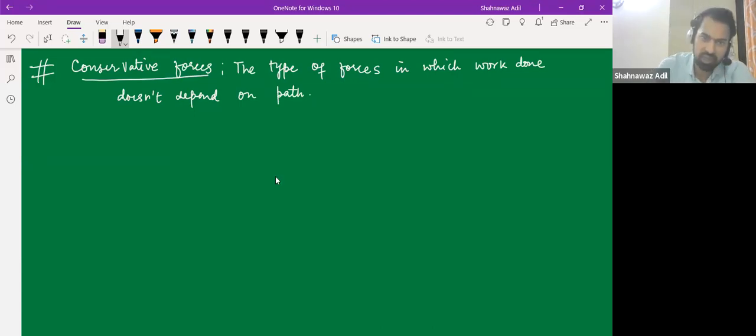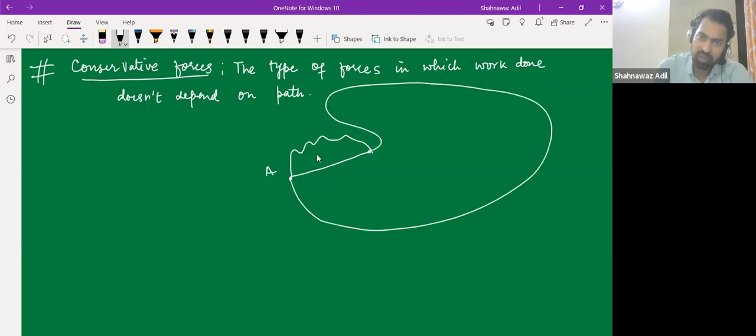Let's say we have two places, and we are moving the object from here to here along different routes. Let's say this is path 1, this is path 2, and this is path 3. If we are bringing this object from A to B with a conservative force, then the work done would be path independent.